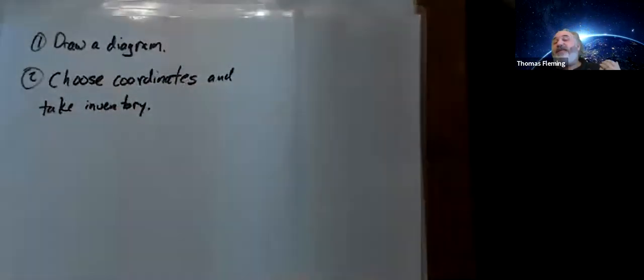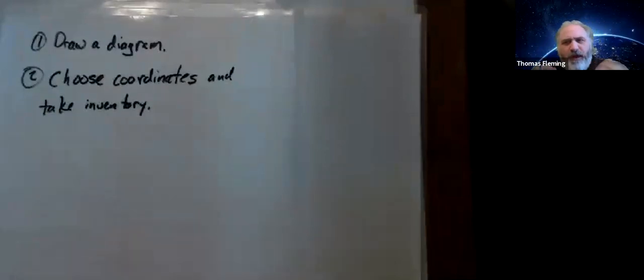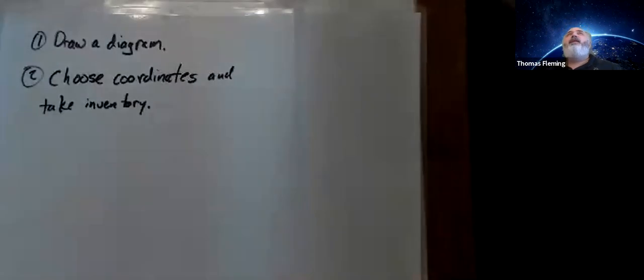So that's going to be equally important in this chapter as well. We're going to always end up choosing a coordinate system, and we're going to take inventory of what information we have. But again, the way we implement that step is going to look a little different in chapter 4. We're going to be taking inventory of different things in a different way, but it's the same basic process.